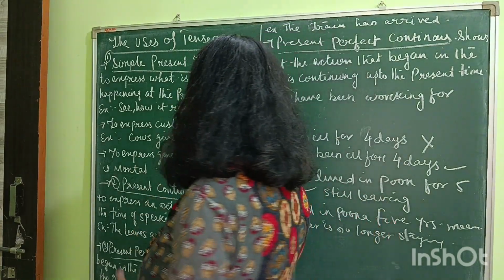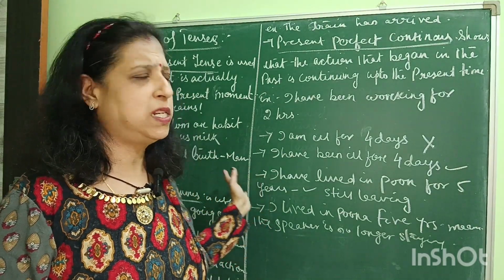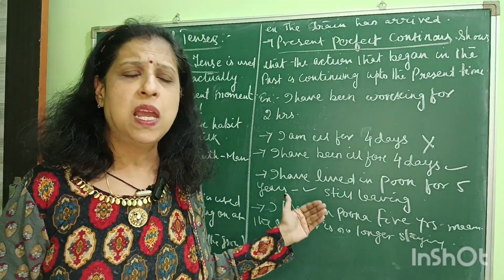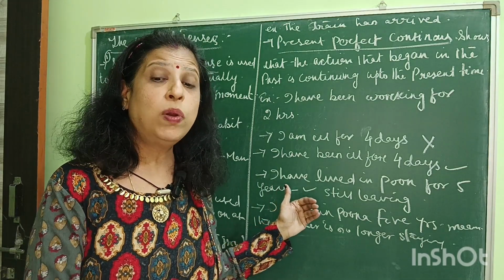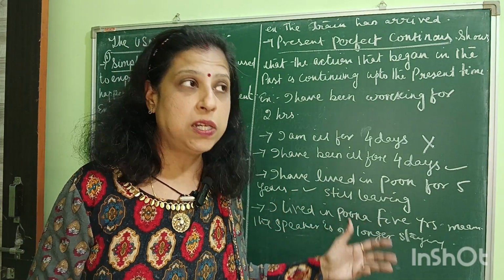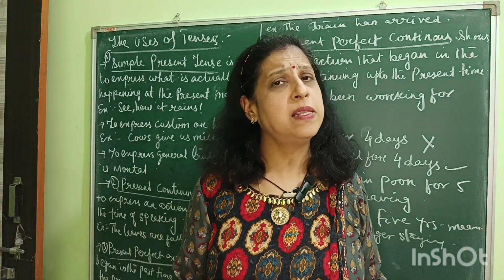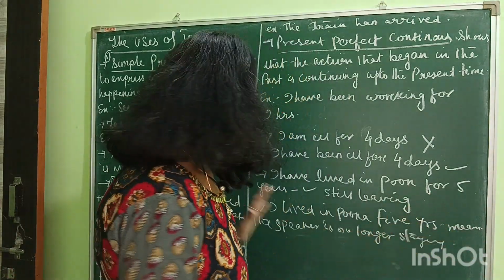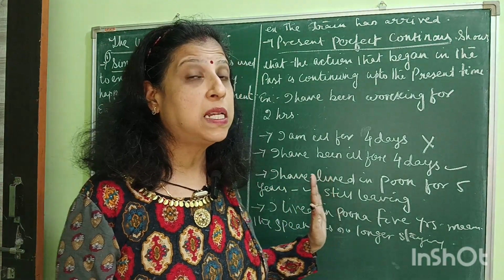Now the next one is present continuous. What is present continuous? Present means the action that is happening now. Continuous means what is going on, it is in the process. So that is called present continuous. But when do we use the present continuous?